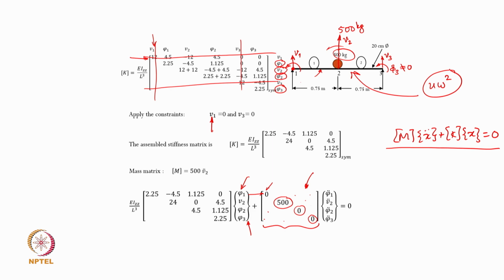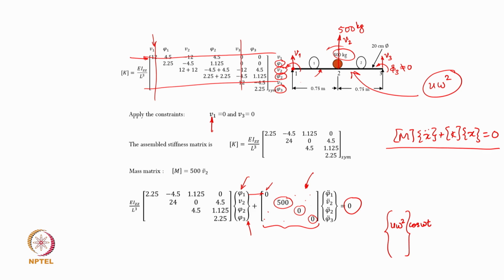If the unbalance in the shaft is u omega square, then instead of the right hand side being 0, you will have what? The excitation function here. Now, the excitation function is going to correspond to the v 2 degree of freedom, and therefore, u omega square, and of course, you can add sin omega t or a cos omega t to be the time dependent excitation function for finding out the response of such a multi degree of freedom system.